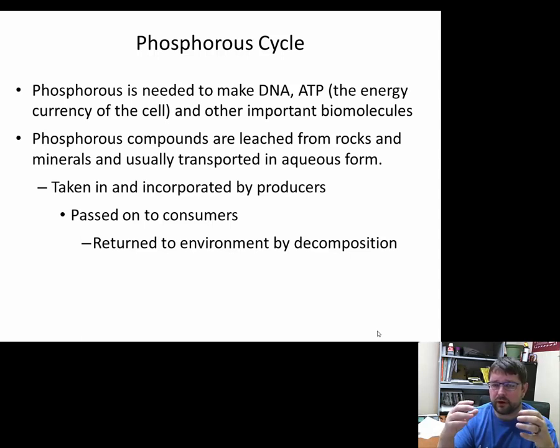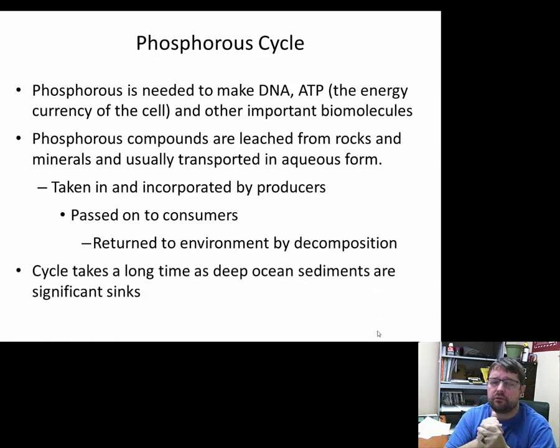Organism dies. Organisms like worms and microscopic nematodes and things like that will start consuming that rotting flesh, and return nitrogen and phosphorus back to the soil and then back to the plant so it can be utilized to build more plant material.